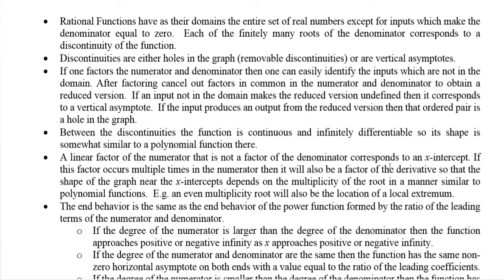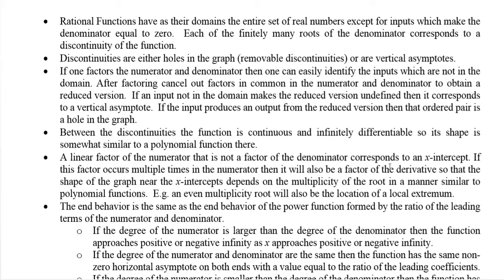Now, if you're going to tell an asymptote from a hole in a graph, what we can do is see if you can reduce the fraction. If you reduce it and the x value still makes the denominator 0, then you get a vertical asymptote at that x value.